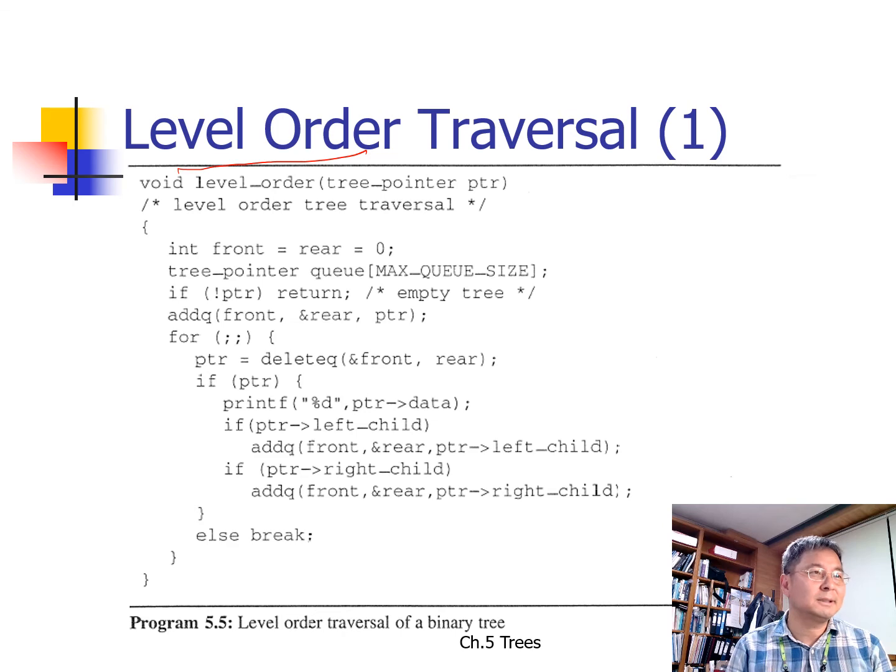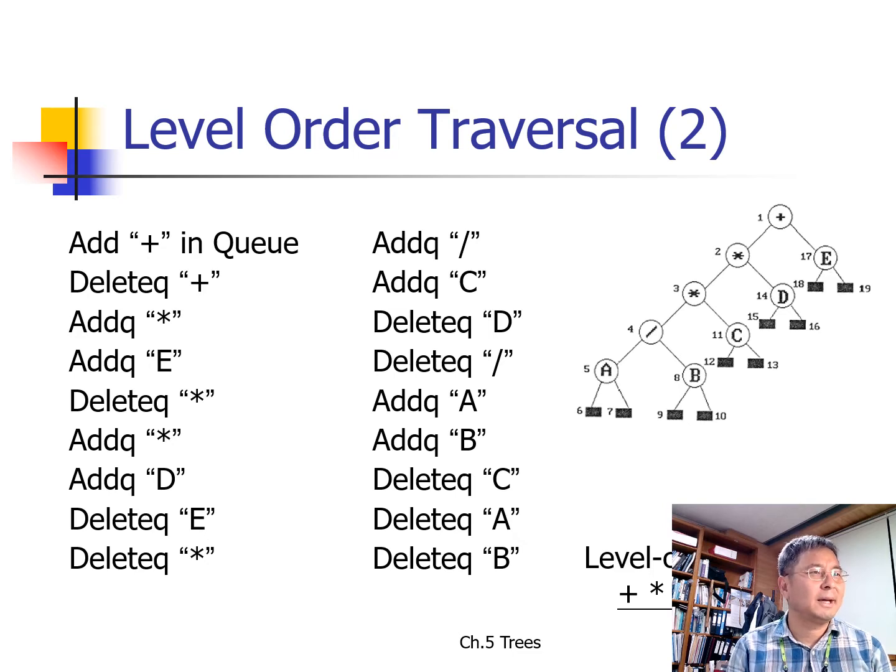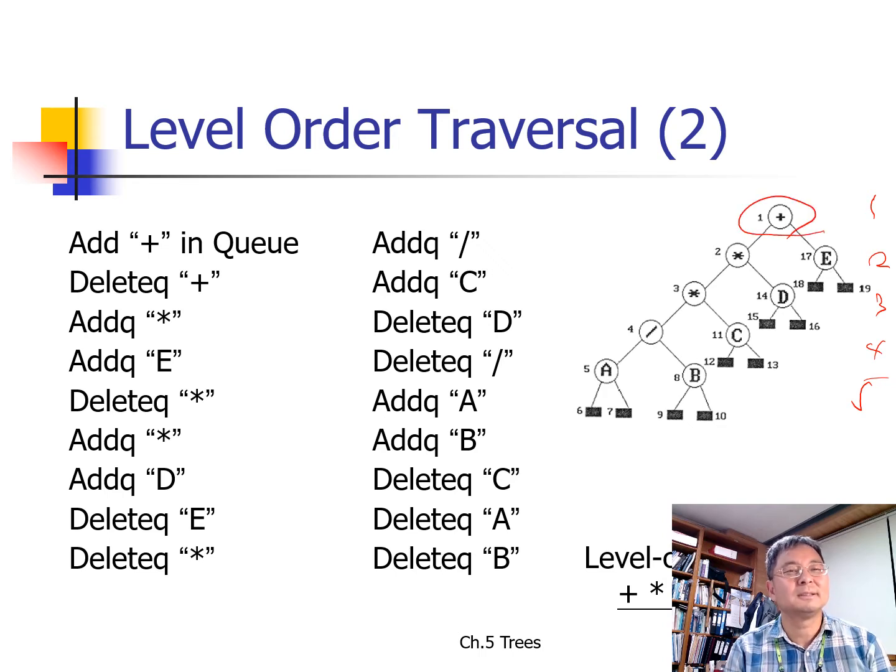The level-order traversal implementation is here, but we can go to the example directly. Level-order means that these are levels 1, 2, 3, 4, 5. We visit the lower level first, level by level.